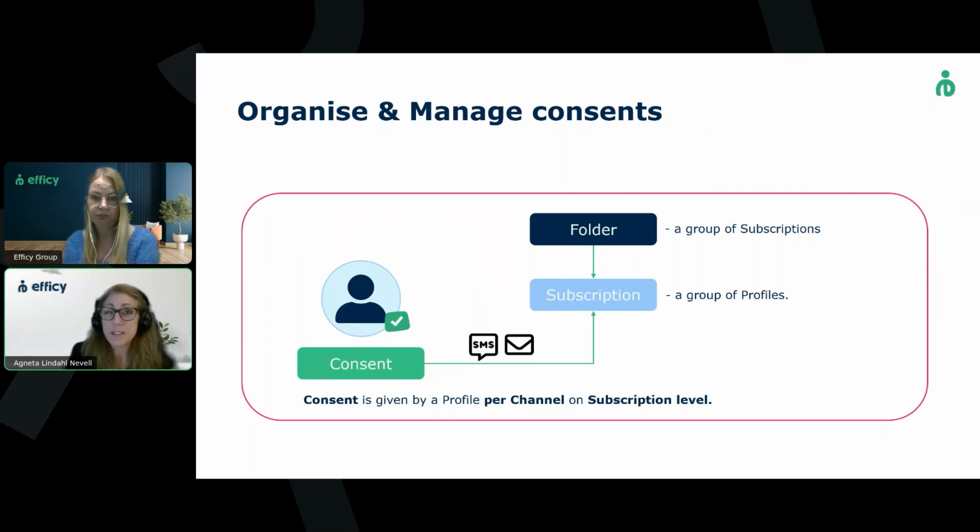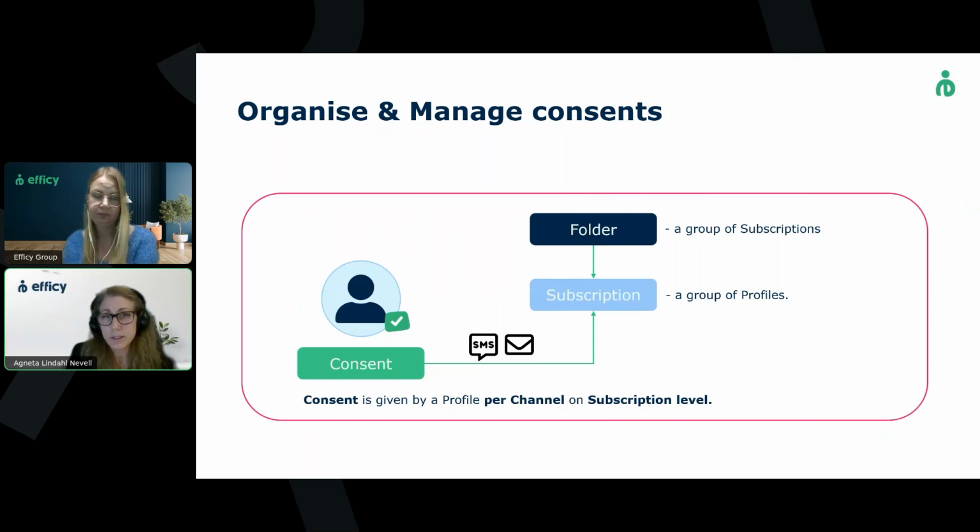A consent is always tied to not only a channel, as mentioned previously, but also to a subscription. If a profile opts out, it's for that subscription, not the whole folder or the section of the account. So to summarize, the consent is stored at the profile level per subscription per channel.